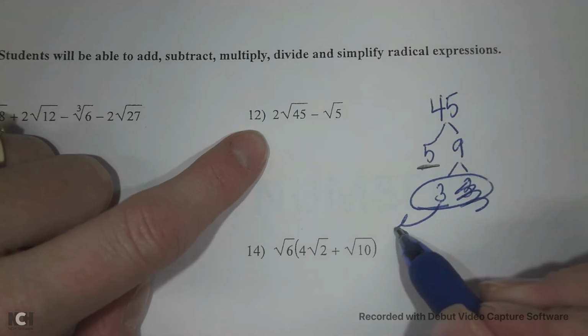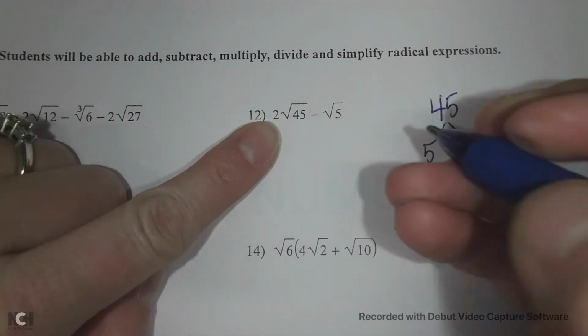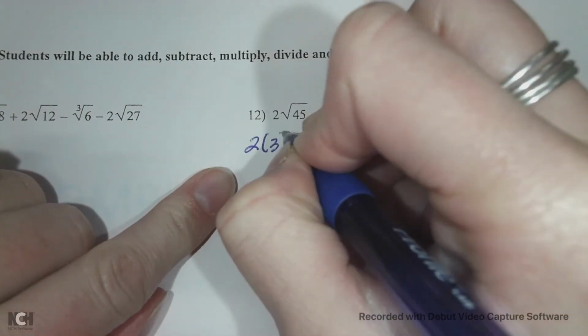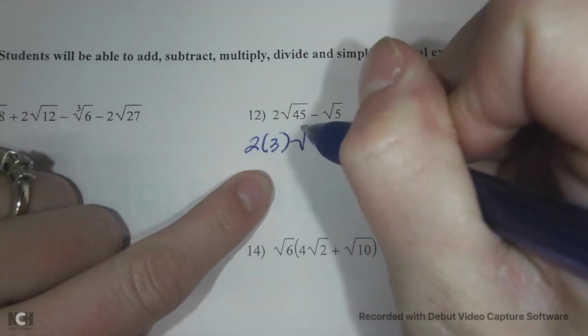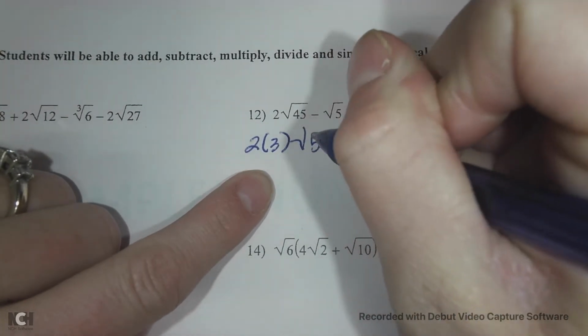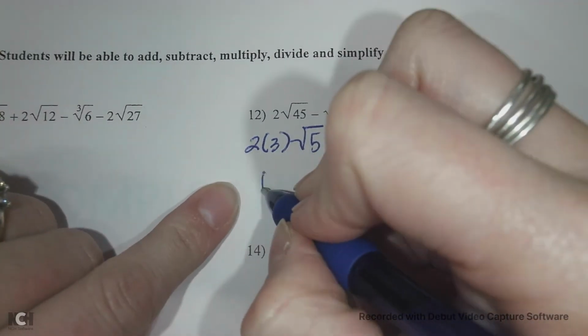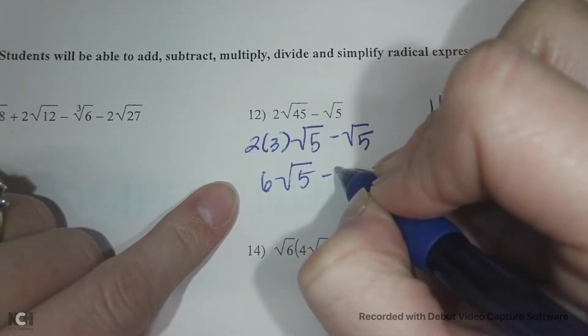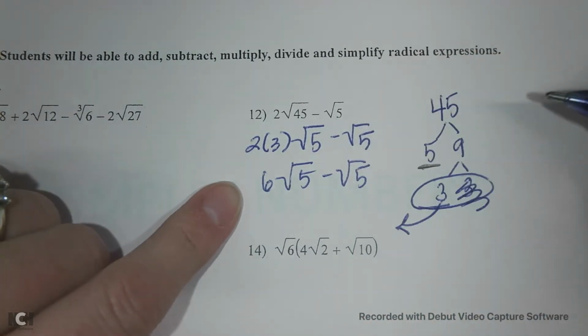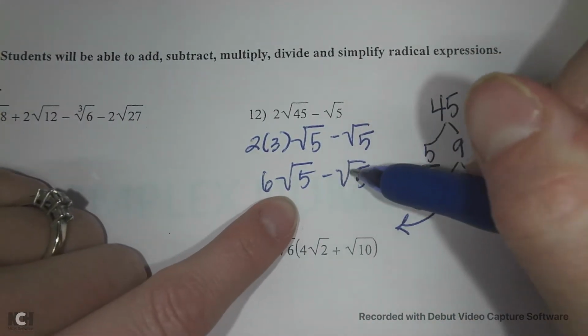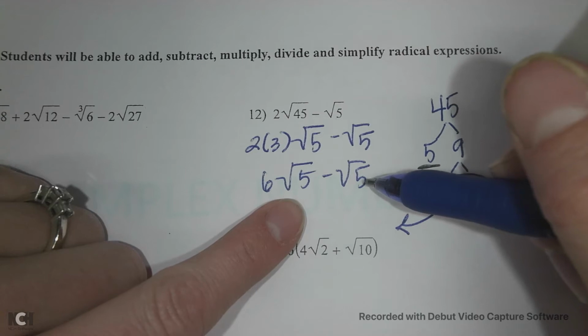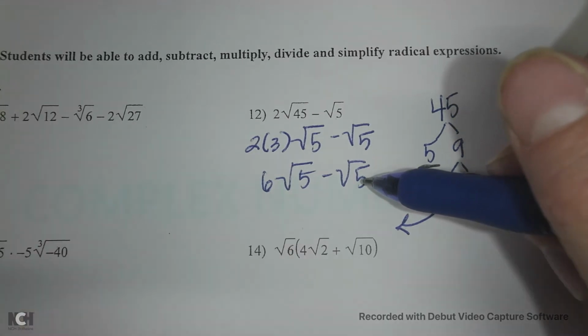When this 3 comes out, it needs to multiply by my leading coefficient. So I'm going to multiply 2 times 3. I keep my square root, and then I have a 5 left over, minus root 5. Okay, 2 times 3 is 6 root 5 minus root 5. Okay, so these radicals with the number underneath are like a variable.